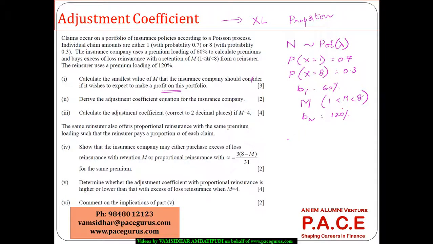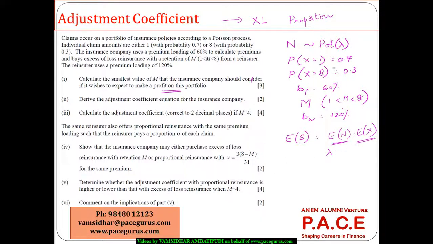First of all, what is the expected claim amount? The expected claim amount from the insurer's standpoint is expected value of N times the expected value of X. Expected value of N, it's a Poisson distribution, so lambda is the expected value.